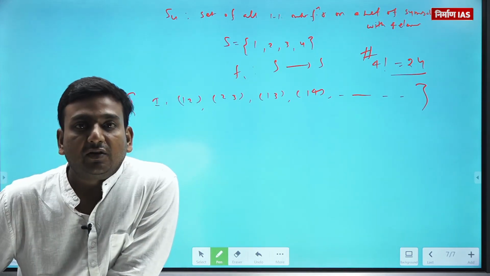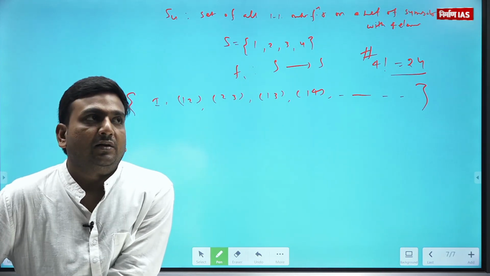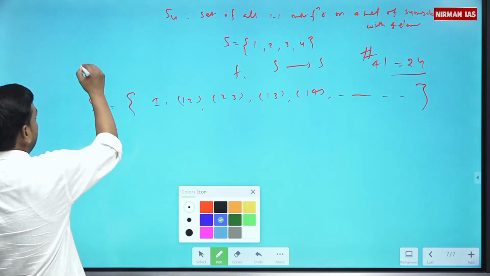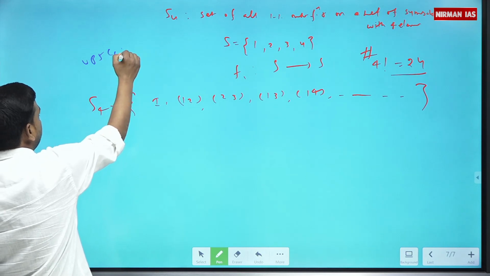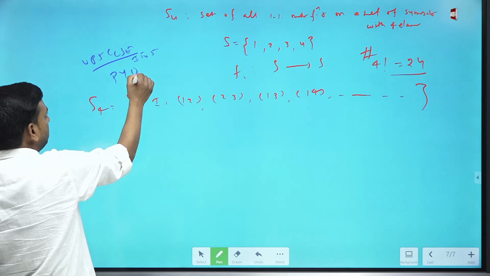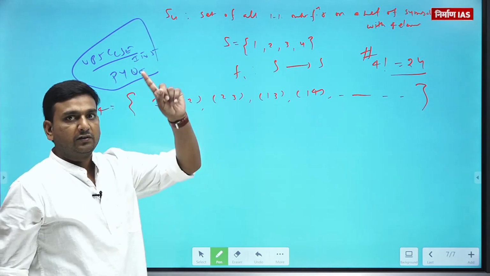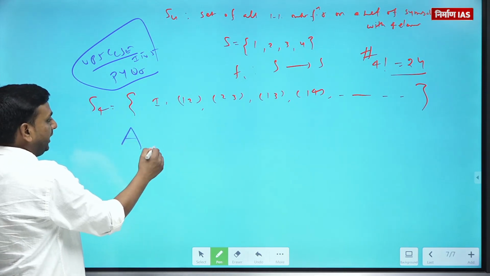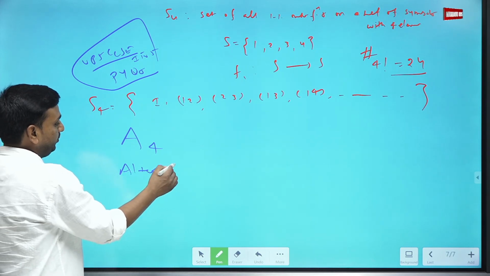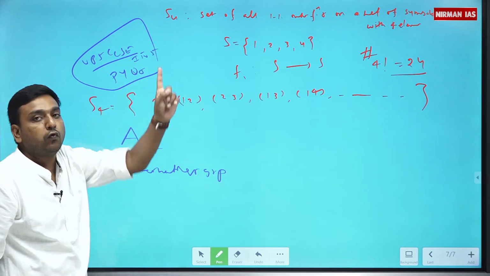I will suggest before the exam hall write these elements, because in UPSC CSE as well as IFOS, you will get previous year questions based on this, not directly on elements of S4. They asked questions about A4. So this is the alternating group, and किसके लिए सबसेट है? S4 का.